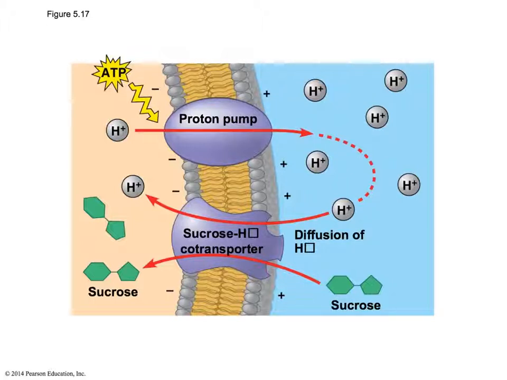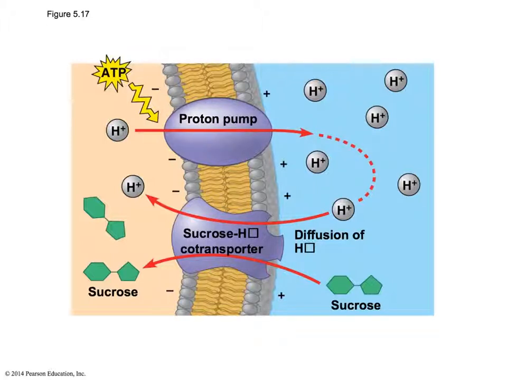It wants to move from here, high concentration, to low concentration. But proteins have evolved so that they utilize the desire of the proton to move back down its concentration gradient, and will move sucrose in with it.